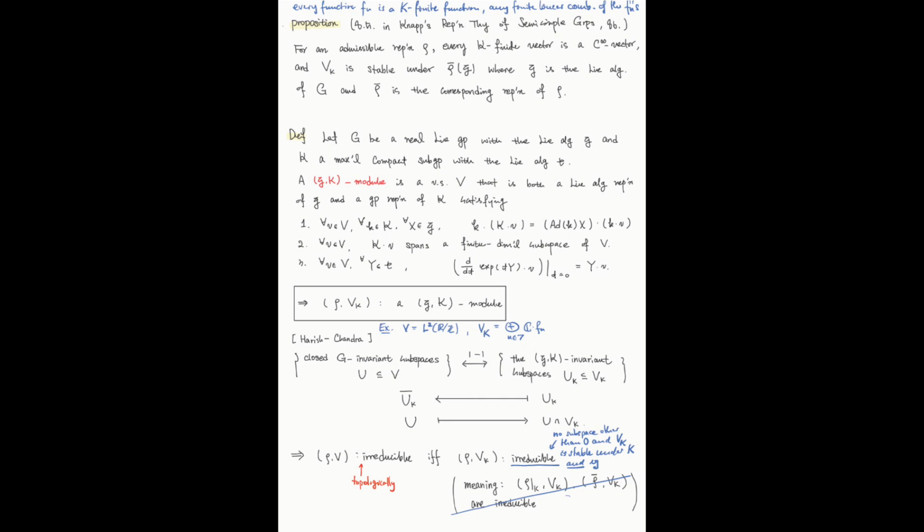When I say no subspace other than 0 is stable, I mean it's stable under G and K, whereas you're saying no non-zero subspace other than VK is stable under K, and no non-zero subspace is stable under the Lie algebra. For the moment, just pretend the action of the Lie algebra would actually be an action of another group.